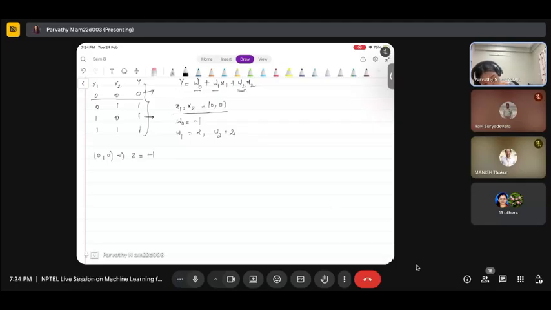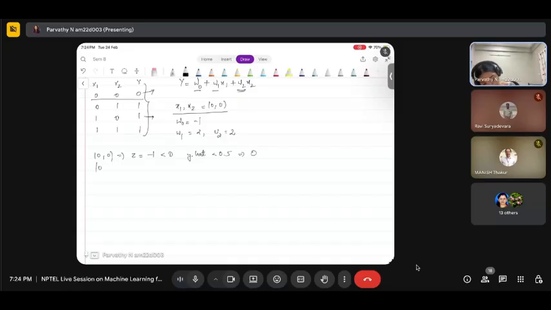So I put W0 as -1, so it is less than 0. So y hat is less than 0.5, so it will predict 0.